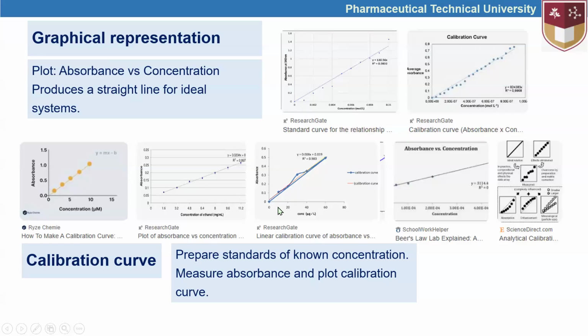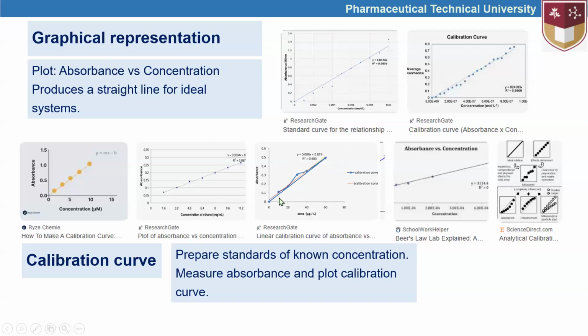In some pharmacopoeias, there are requirements that the values should be between 0.3 and 0.7. If the absorbance is between 0.3 and 0.7, that's fine. But at least they should be between 0.1 and 0.9.